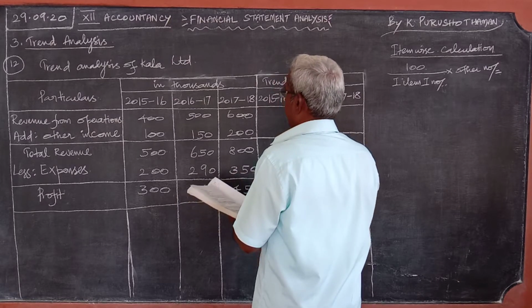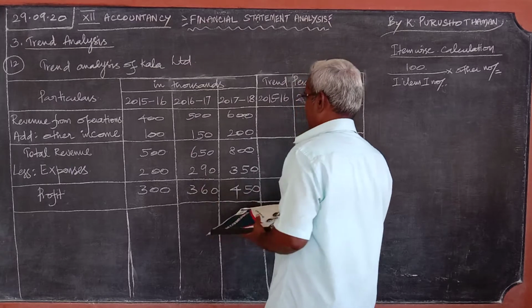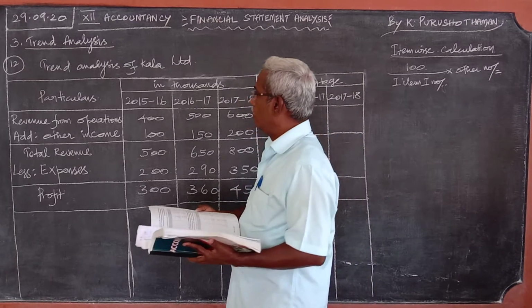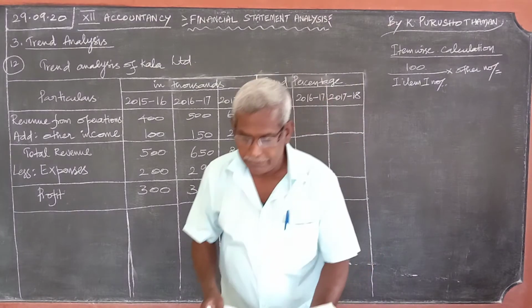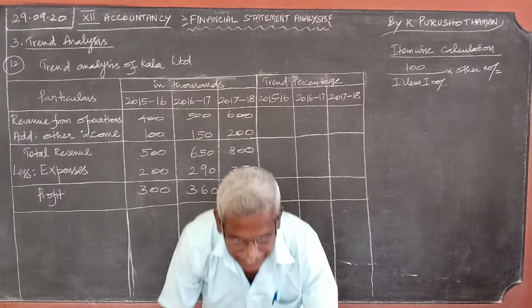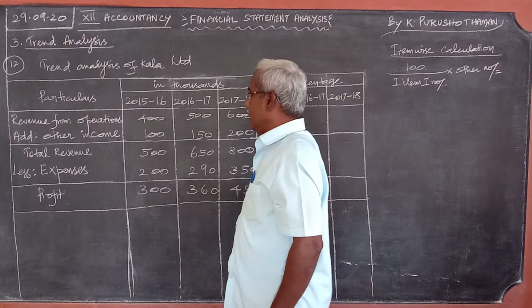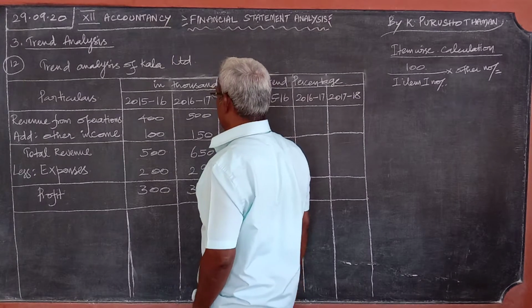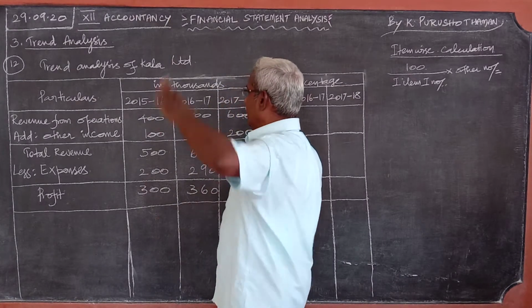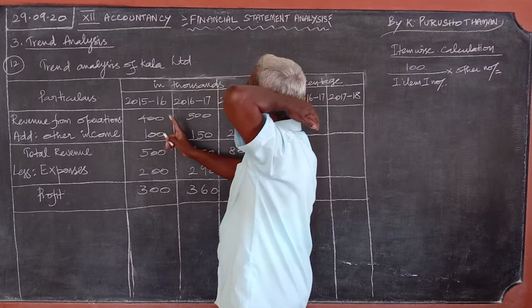What do they mean? Here what is compared? The income of 1 year is compared with that of the other year, item wise.